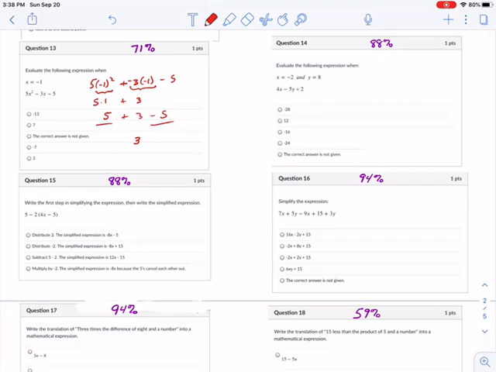Evaluating this expression when x is negative 2 and y is 8. Same thing. 4 times negative 2 minus 5 times 8. Oh, I see the problem. There's a division there: 5 times 8 divided by 2. So you can't do this problem from left to right because we have division here.